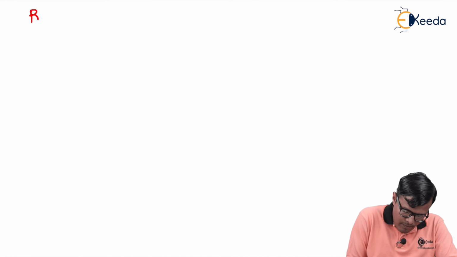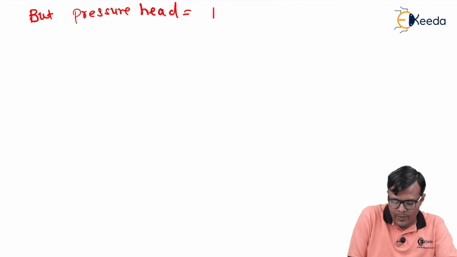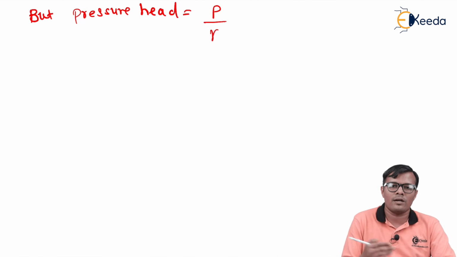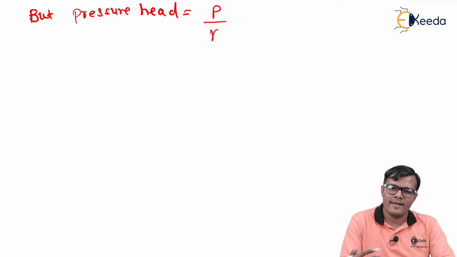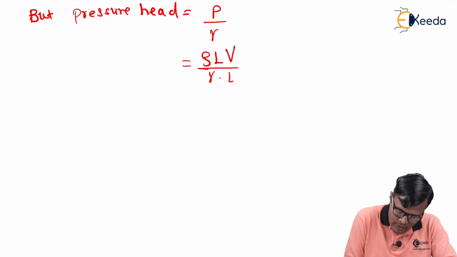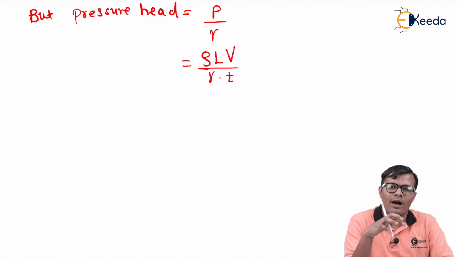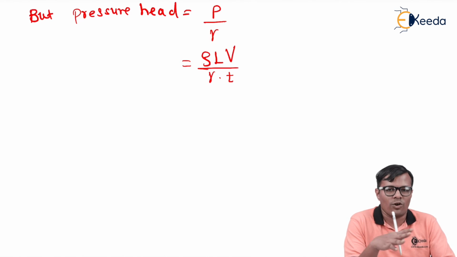But pressure head is equal to P upon gamma. We generally consider energy in pressure in terms of meter. So we consider formula as P upon gamma. So we will have value as rho LV upon gamma into T. Now rho and gamma are nothing but the mass density and unit density of the water.